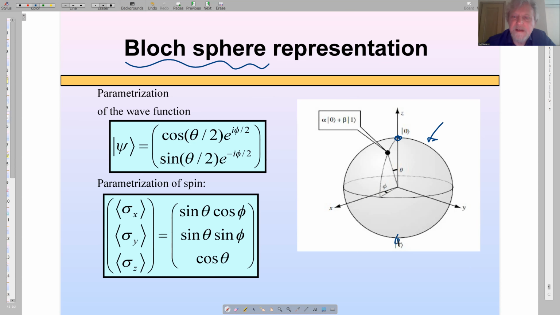And these states correspond to opposite points of the sphere in one of the directions. Let's choose a convenient axis. Let's take the z-axis in such a way that the north pole and south pole of the sphere correspond to these two states.